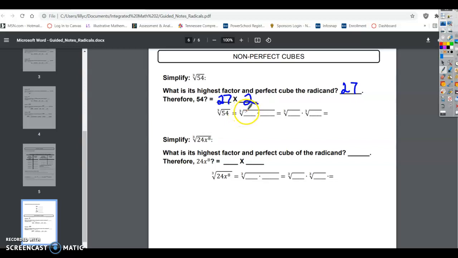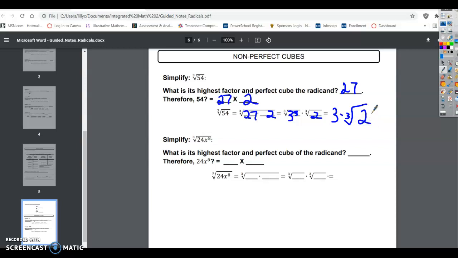So we're going to have 27 times 2, where 27 is 3 cubed. And the cube root of a number cubed is just that number. So the 3 comes out, and we're left with the cube root of 2.